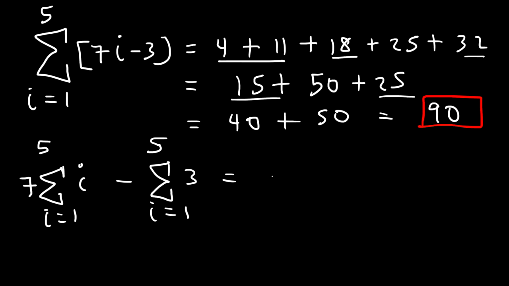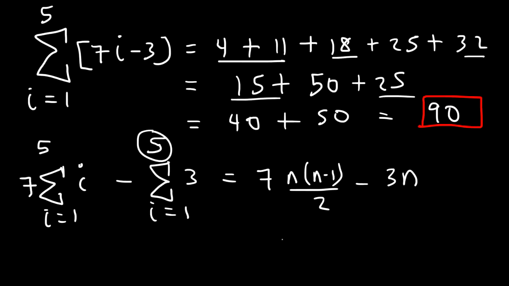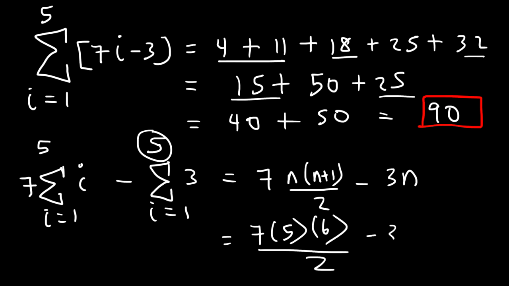For i, the formula is going to be n times n plus 1 divided by 2. And for the constant, it's simply c times n, and the constant is 3, so it's going to be 3 times n, where n is 5. So that's going to be 7 times 5 times 5 plus 1, and this is supposed to be plus 1, not minus 1. 5 plus 1 is 6, and then this is going to be 3 times 5.